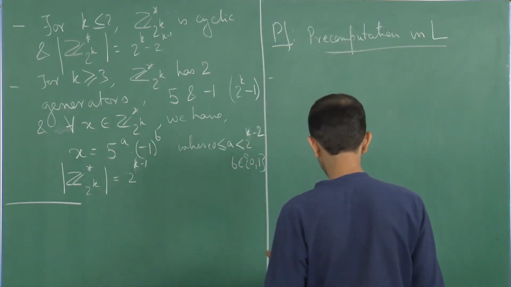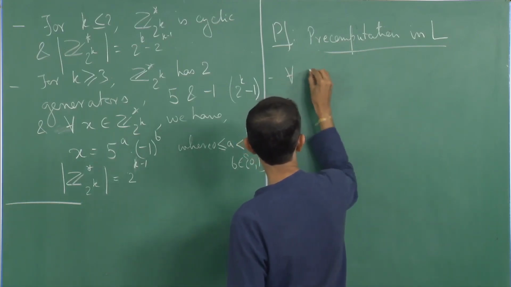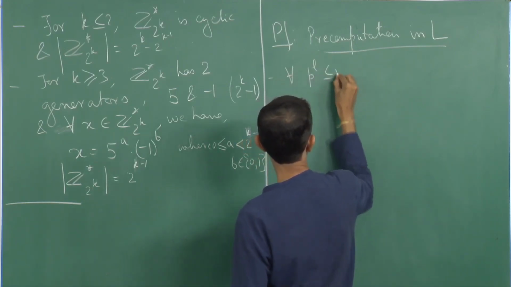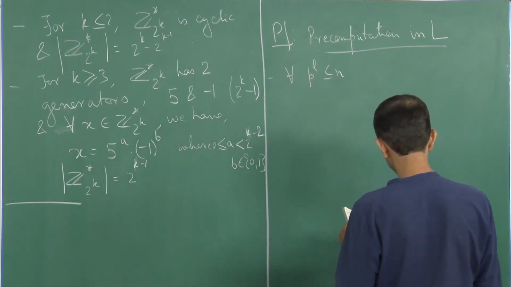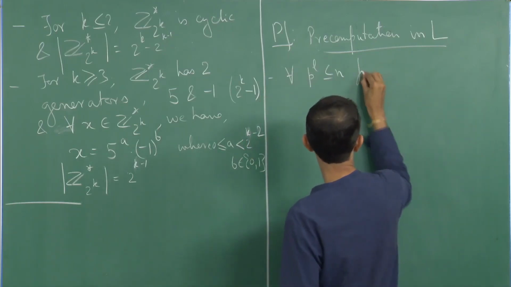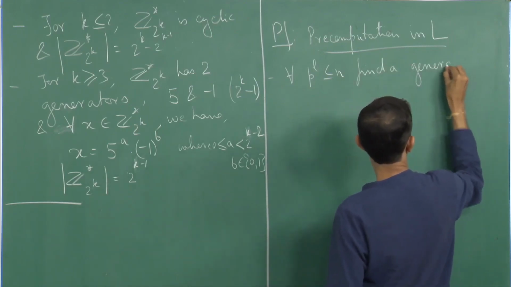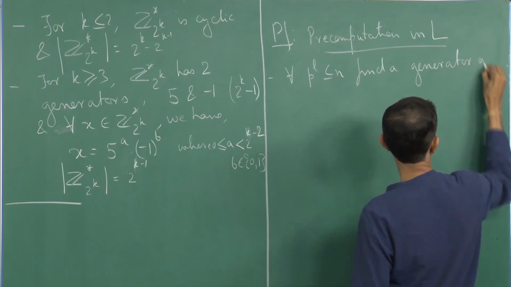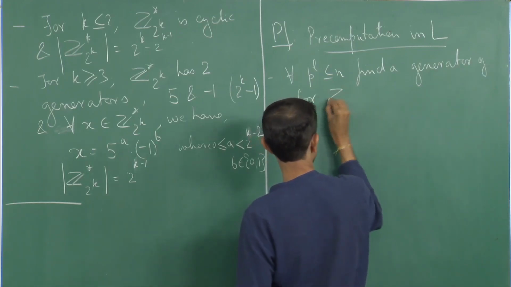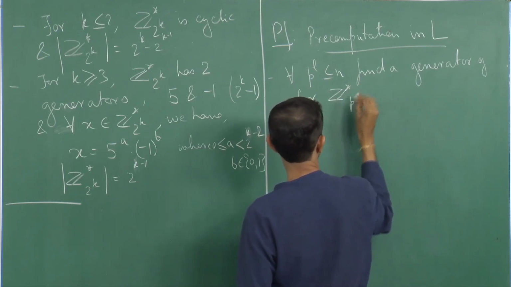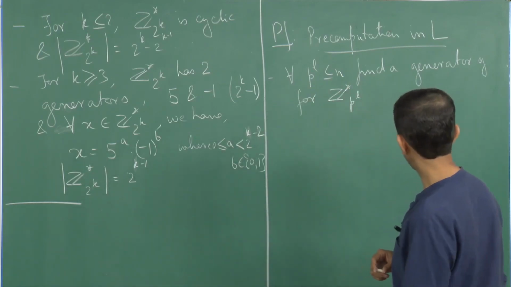First, for each prime power less than n, find a generator G for Z star p to the power l.